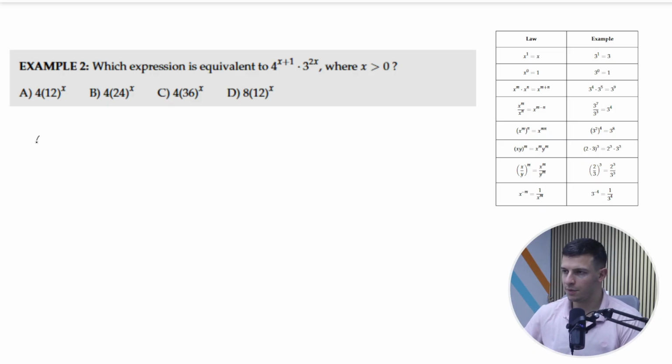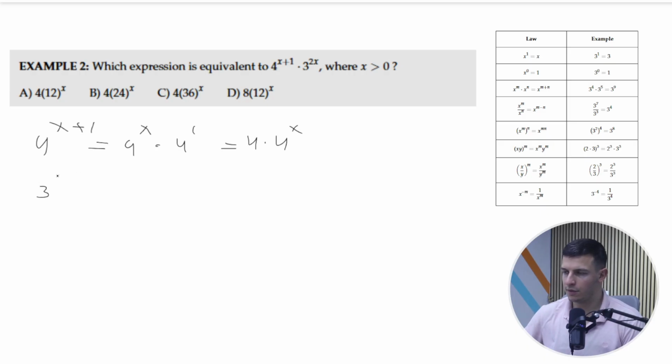Now, 4 to the power of x plus 1 can be rewritten using the reverse of the addition rule. So 4 to the power of x times 4 to the power of 1, right? So basically 4 times 4 to the power of x.